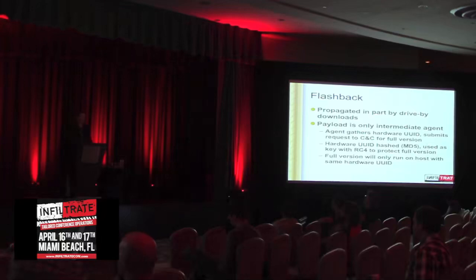The resulting full binary would repeat this process in order to decrypt the portions of itself required to execute, which means that if the hardware UUID of the system wasn't the same, that particular instance of the full version of Flashback won't run. So Flashback is sort of doing something like DRM already.